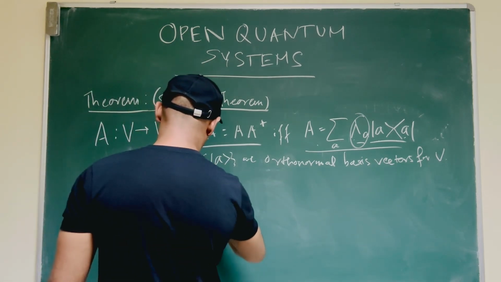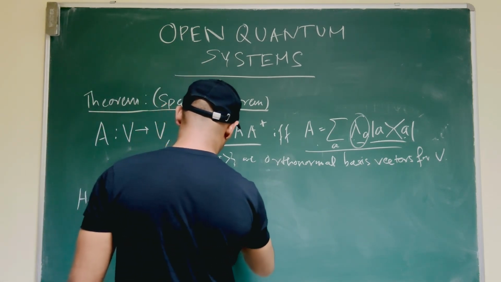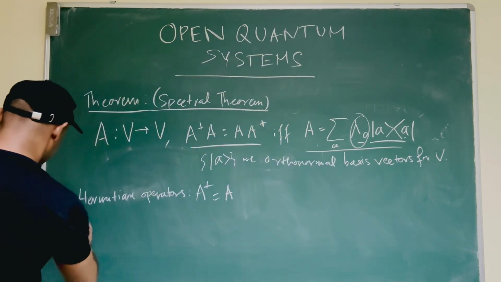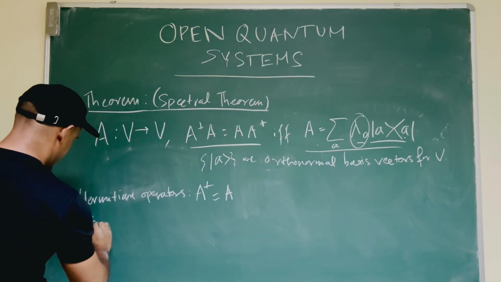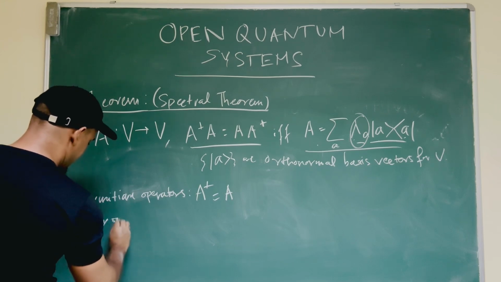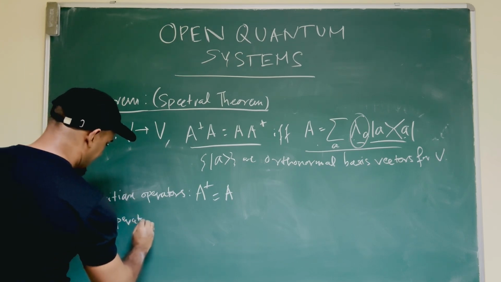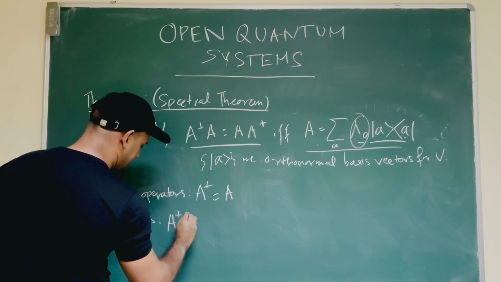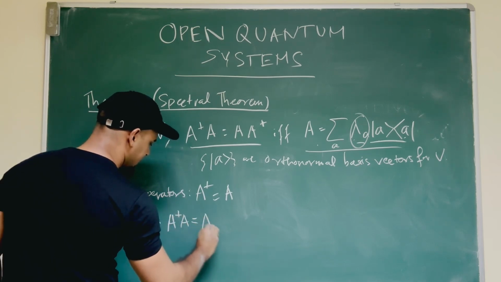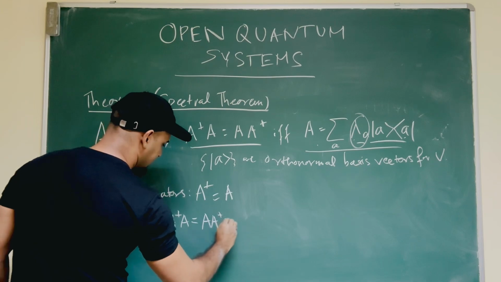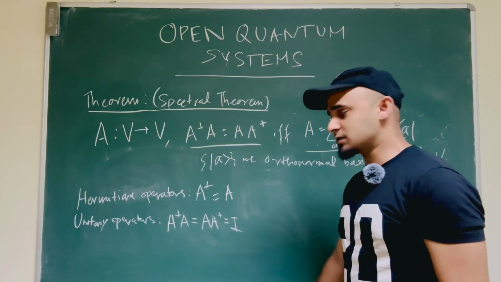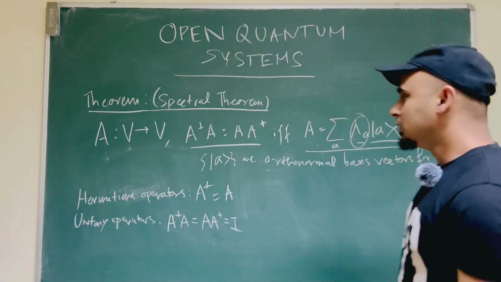We know that for Hermitian operators A dagger equals A, and for unitary operators, A dagger A equals A A dagger equals I. So that's for unitary operators, and this is for Hermitian operators.